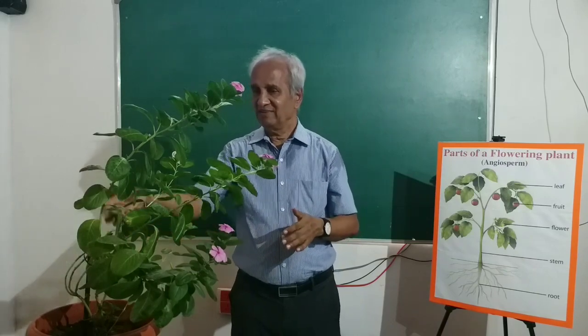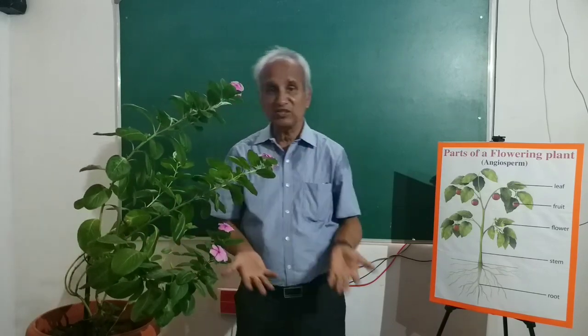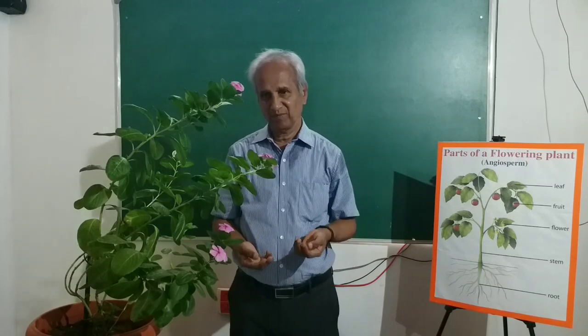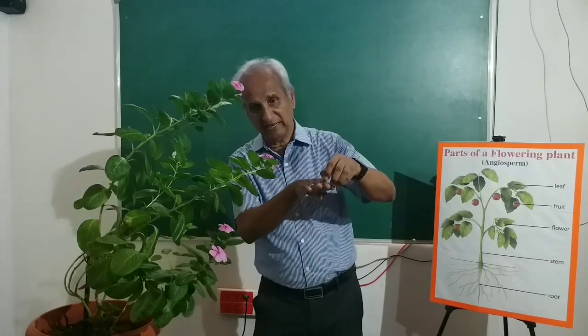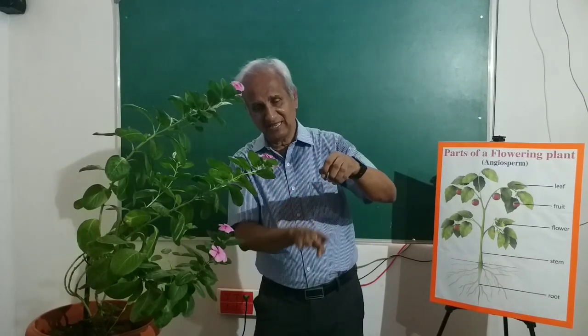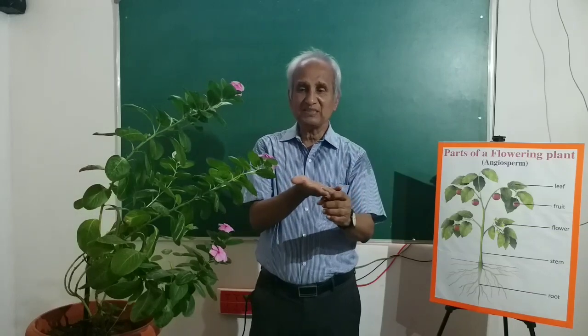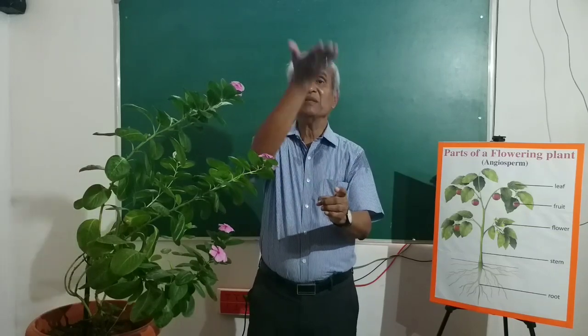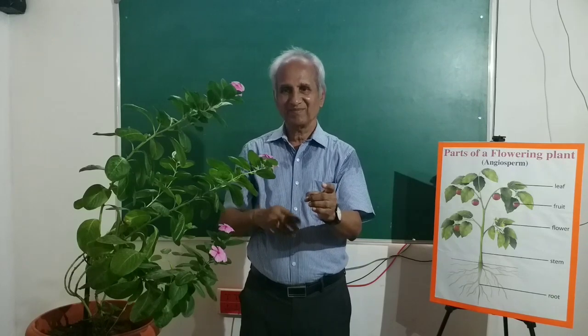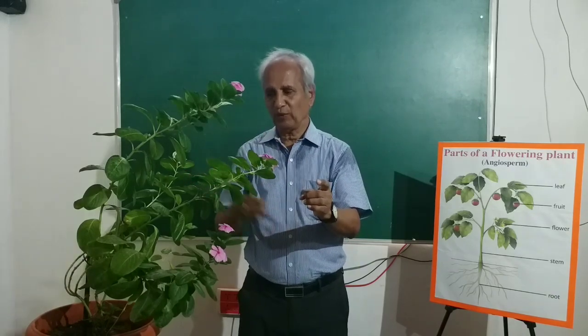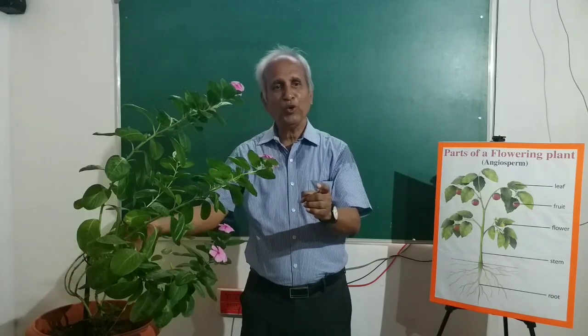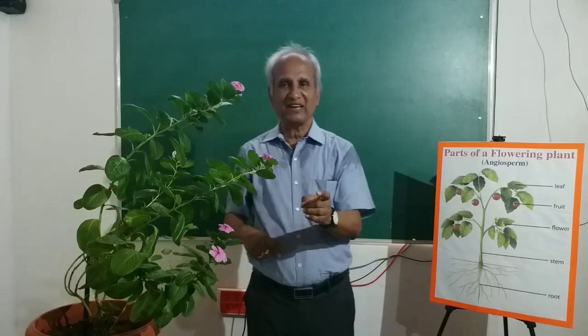And this part is called the shoot system. The root system grows towards the center of the earth. The shoot system grows away from the center of the earth. Understand the difference. Why should it grow away from the center of the earth?